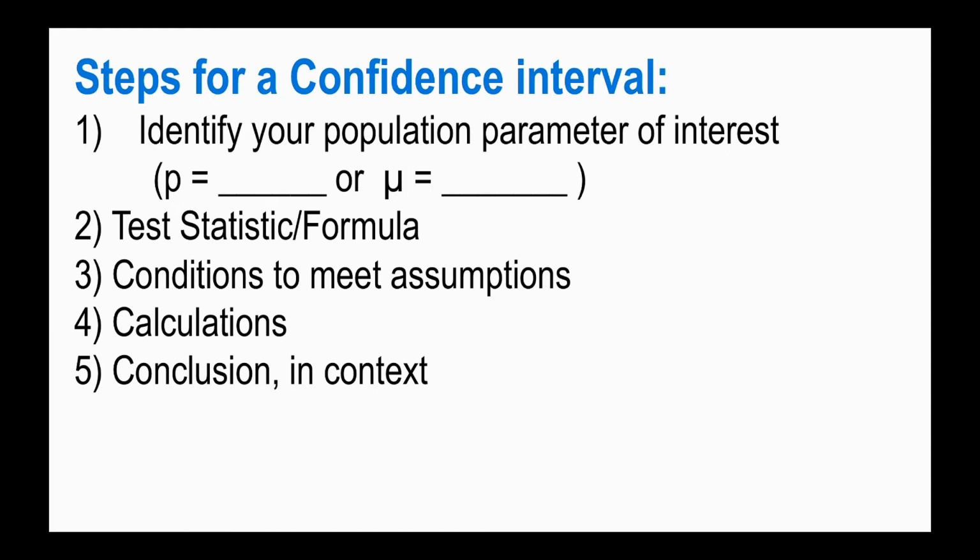Step 1, identify the population parameter of interest. If it's a proportion, it's going to be P equals, and it's going to start with the true proportion of whatever you're talking about, just like you did on the test.